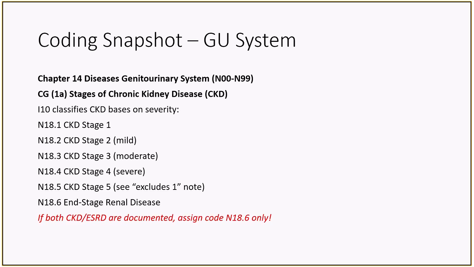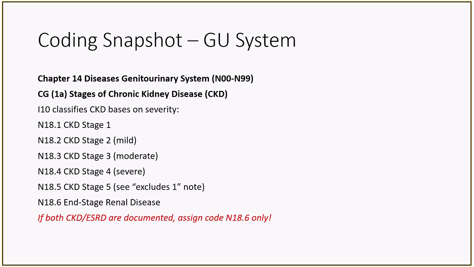The genitourinary system is Chapter 14 of the ICD-10-CM coding guidelines, and this section starts with N00 and goes through N99. Let's take a look at Coding Guideline 1A, which is stages of chronic kidney disease, also known as CKD. ICD-10 classifies CKD based on its severity, and there are 5 stages.